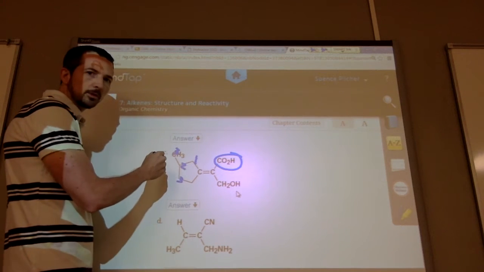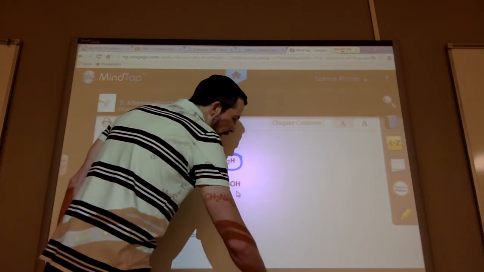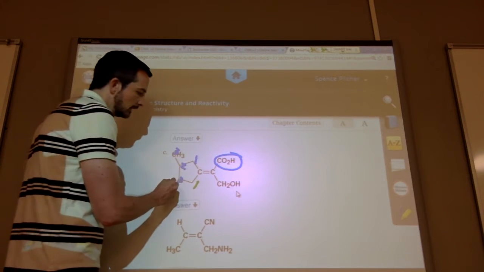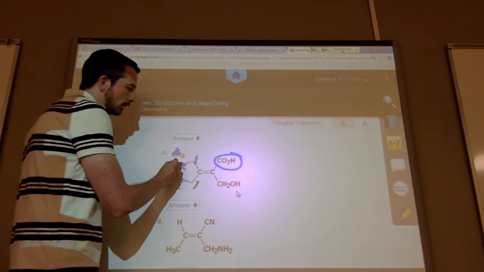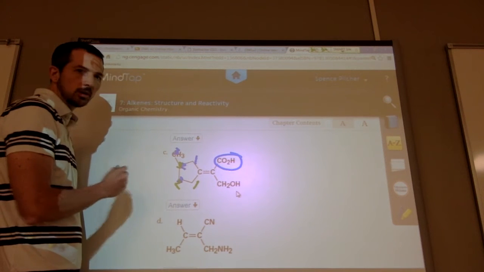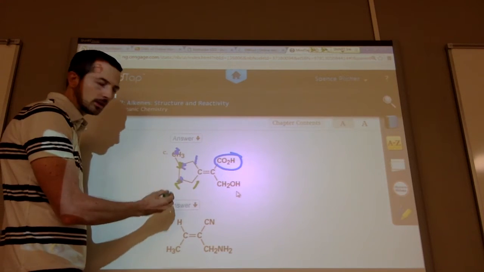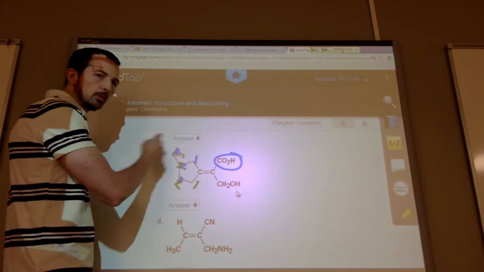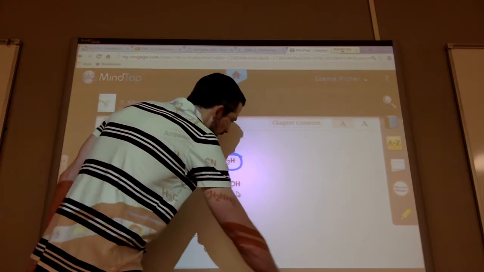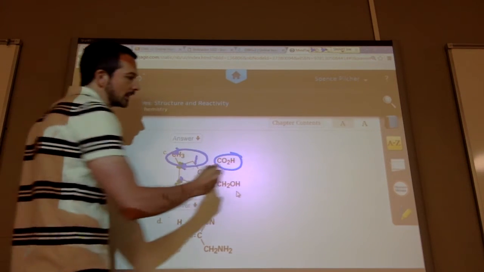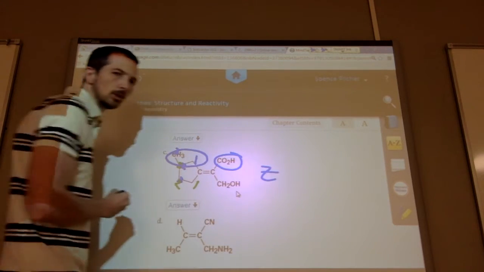So I have 2 carbons 3 atoms away. I go around the ring the other direction. First atom's a carbon. Second atom's a carbon. Third atom is just 1 carbon. And so going around the ring this way is higher priority than going around the ring the other way because I get to that methyl group first. So that's your highest priority. They're on the same side. So Z.